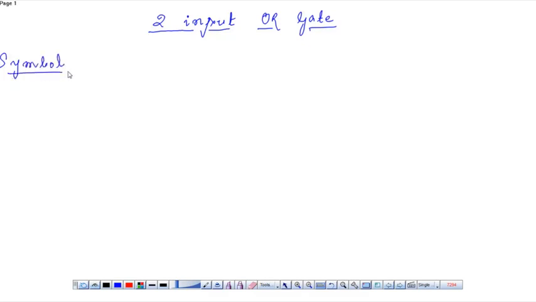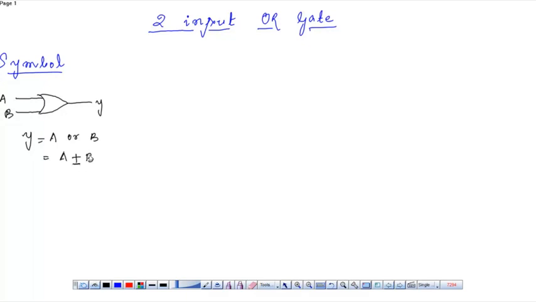We are very much familiar. This is input A, this is B, and this is output Y. Y is A or B. We can write A plus B.